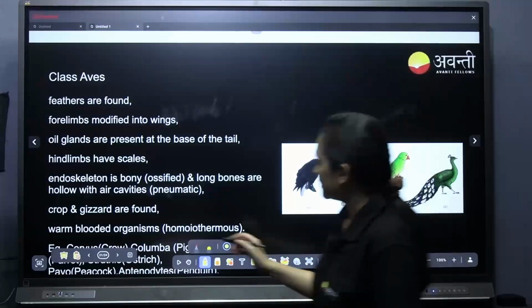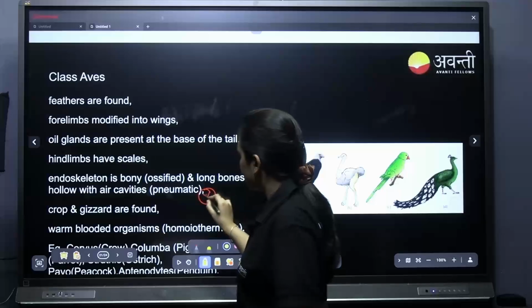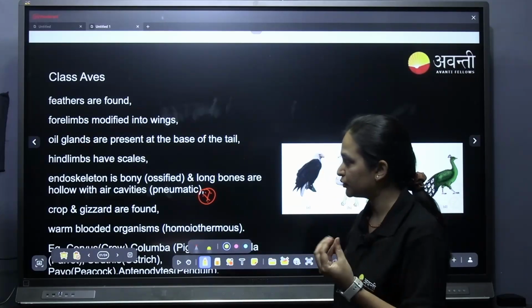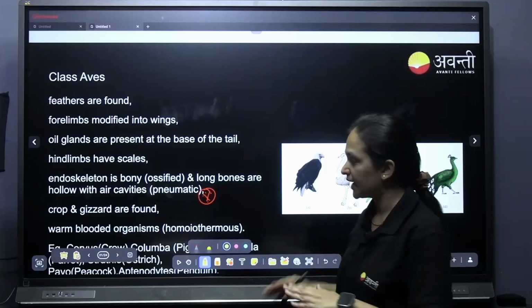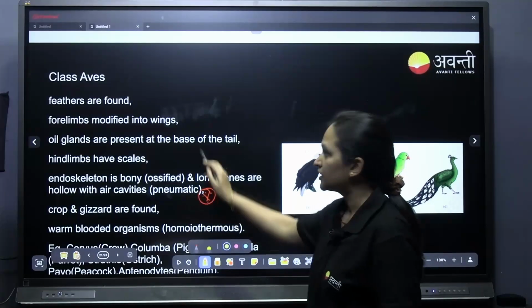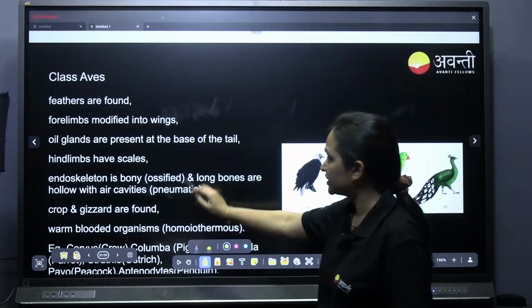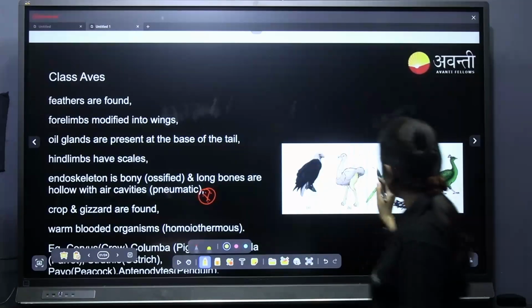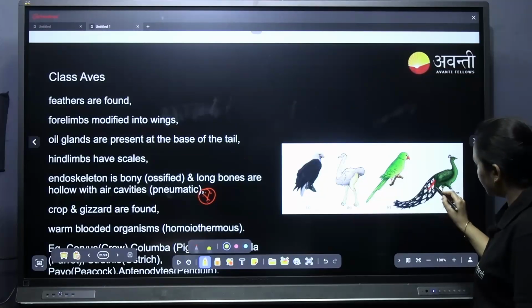Coming to Aves, they have pneumatic bones. The bones are hollow because they have to be lightweight, and it is useful in flying. The Aves have pneumatic bones, and the oil gland is present at the base of the tail.